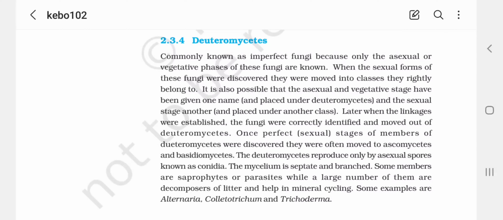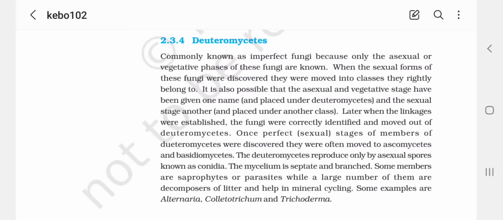Later, when the linkages were established, the fungi were correctly identified and moved out of Deuteromycetes. Once perfect sexual stages of members of Deuteromycetes were discovered, they were often moved to Ascomycetes and Basidiomycetes. The Deuteromycetes reproduce only by asexual spores known as conidia.